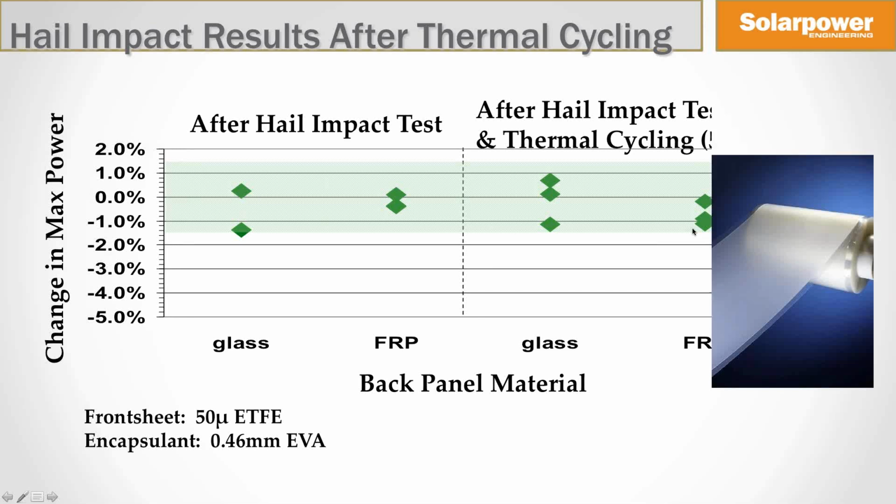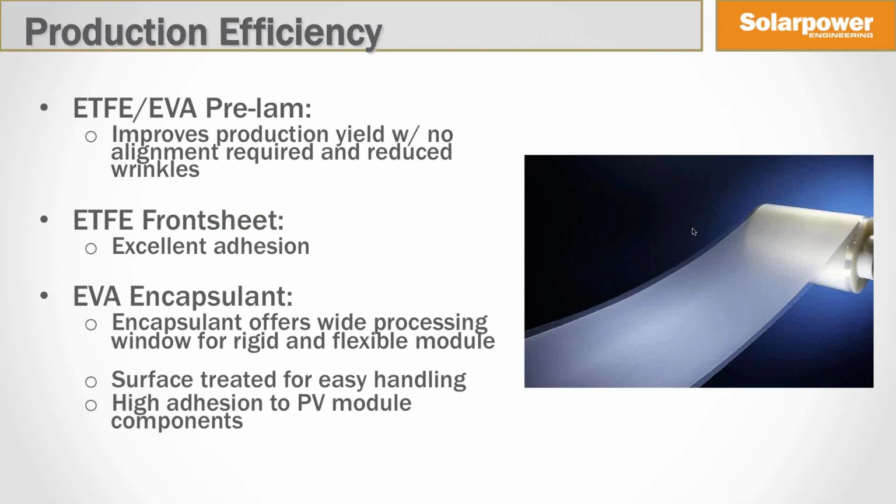So from these results, I hope I'm able to convince all of you that this not only increases the efficiency of the modules, but is also a very durable and weatherable solution. Fluoropolymer films by themselves have been used in the PV industry for thin film flexible applications for the last 12 to 15 years.